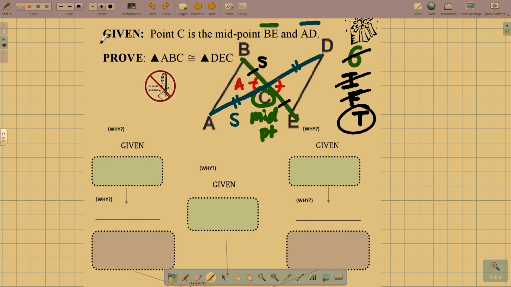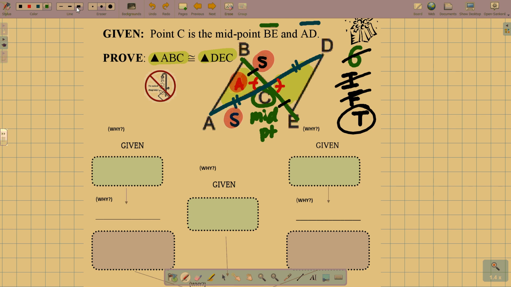I'm trying to again prove that one triangle, ABC, is congruent to the other triangle. And I can already see my shortcut involved is going to be side, angle, side. So that's how I'm going to structure what I'm doing.